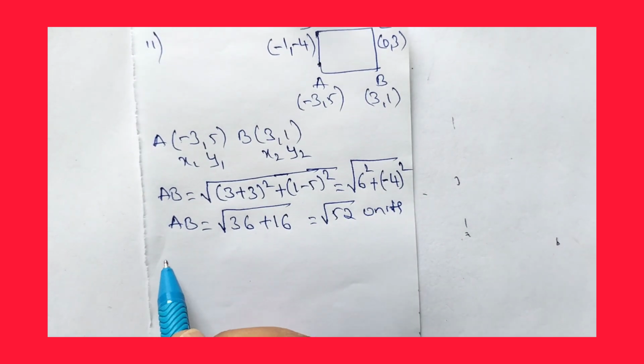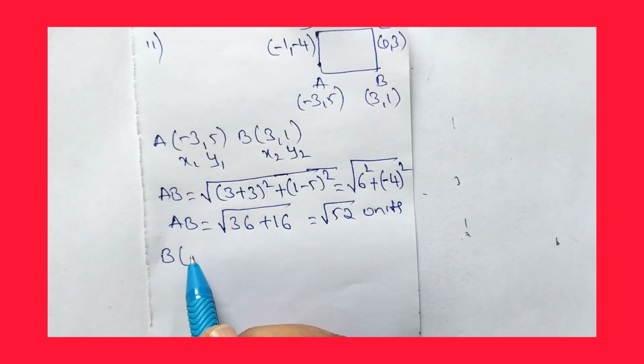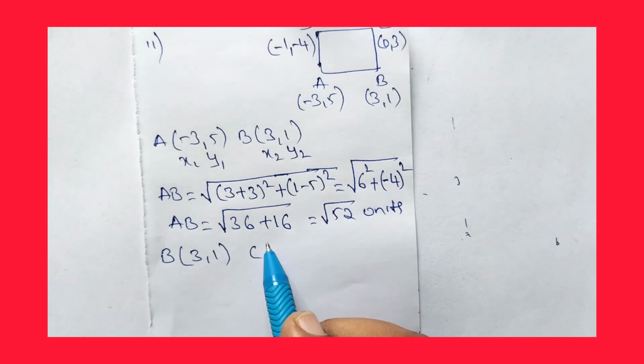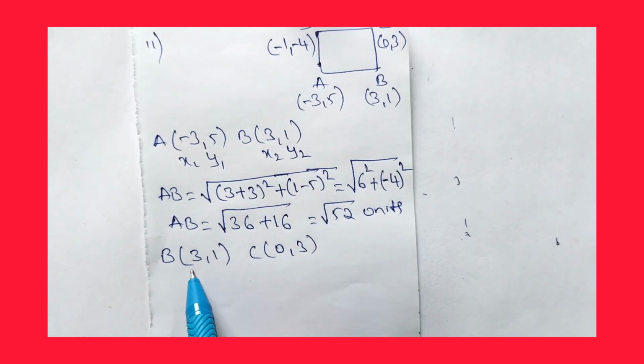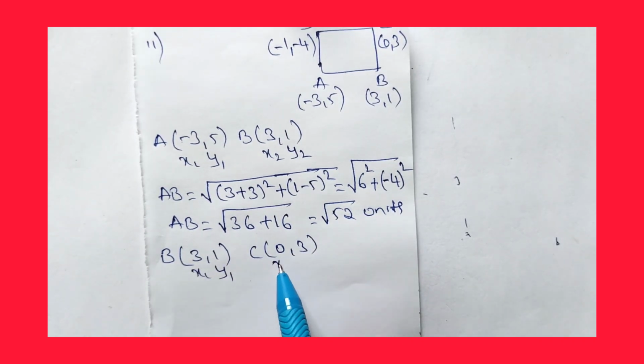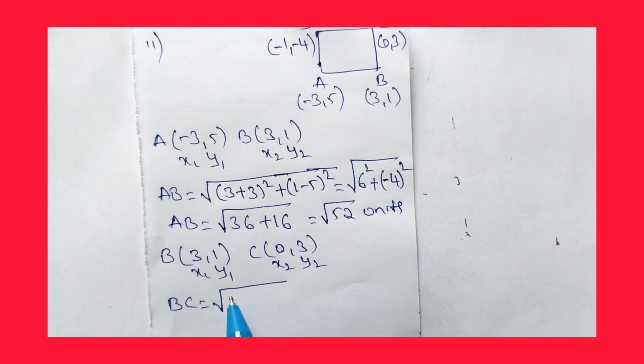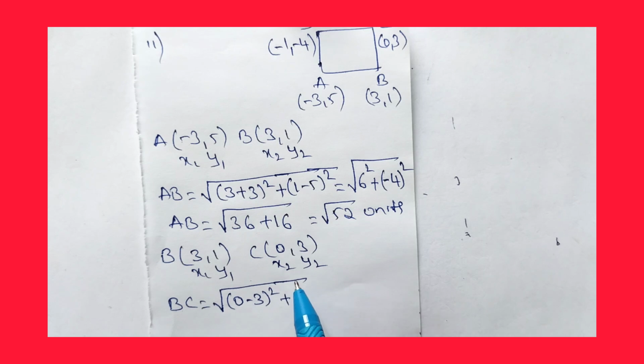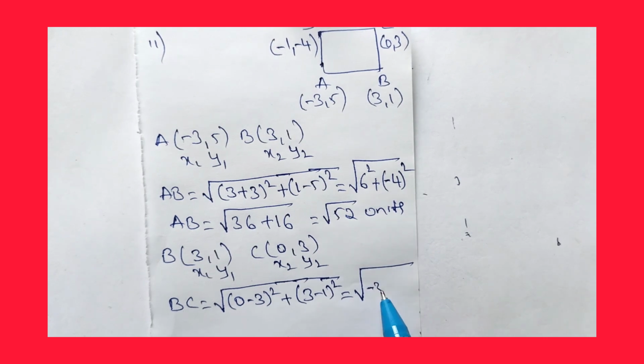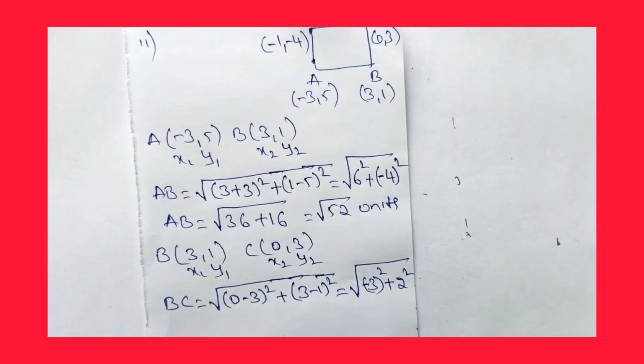This is AB. Now let us find out BC. B is 3 comma 1, C is 0 comma 3. So x1 y1 and x2 y2. BC is equal to square root of (x2 minus x1), 0 minus 3 whole square, plus (y2 minus y1), 3 minus 1 whole square, which is square root of minus 3 whole square plus 2 square.